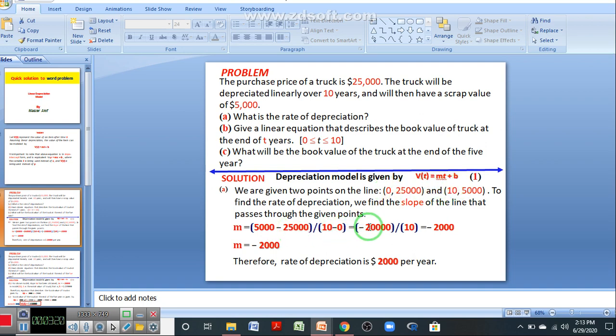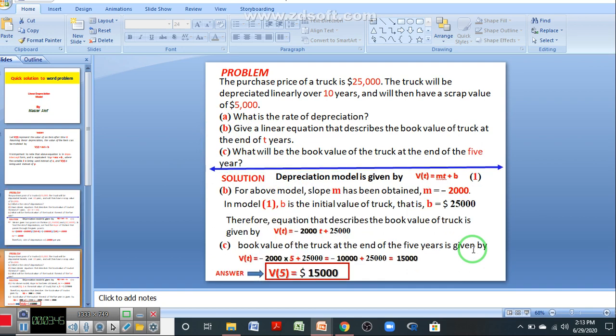So minus 20,000 divided by 10 is minus 2,000. This minus sign indicates that every year its worth is reducing by 2,000. So the depreciation rate is $2,000 per year. This is the answer to part A.